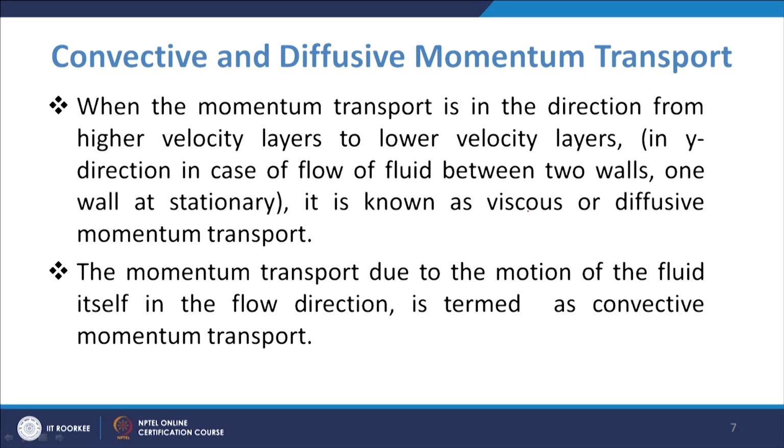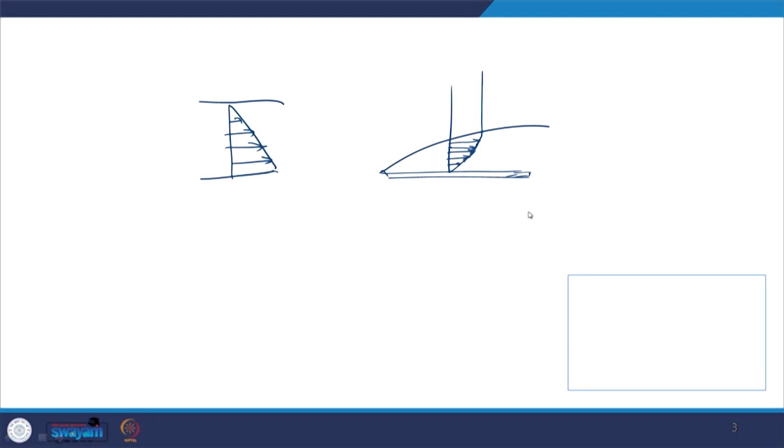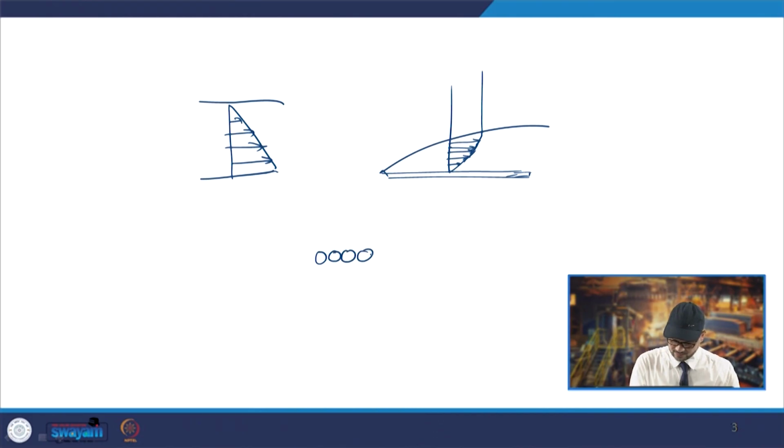If you look at this viscous or diffusive momentum transport, basically the molecules will be crossing the layer. You have the top layer of molecules, and below that you have more molecules.